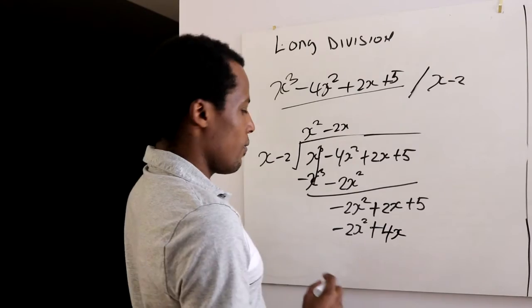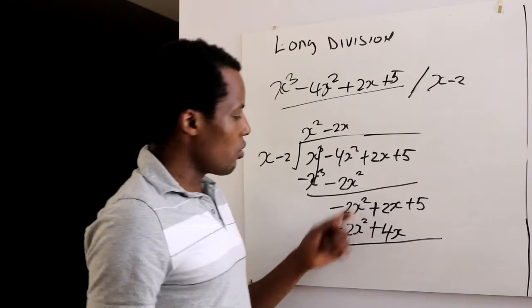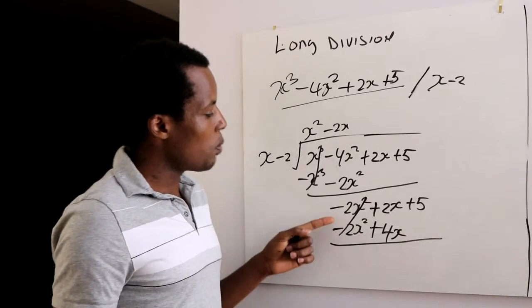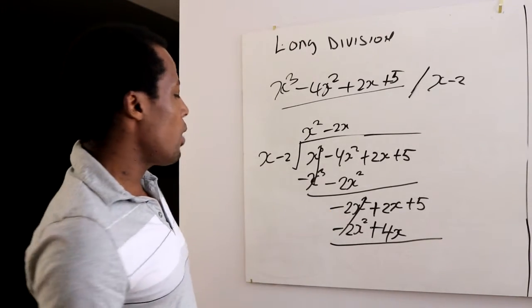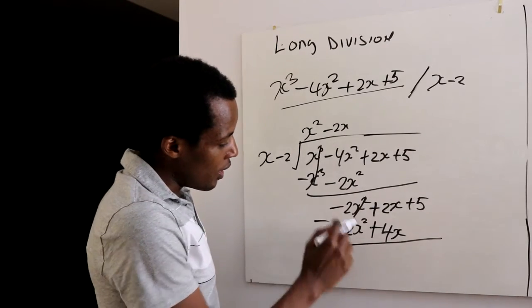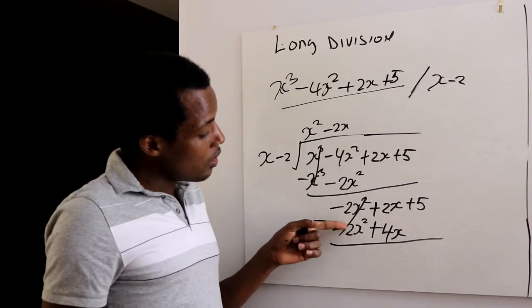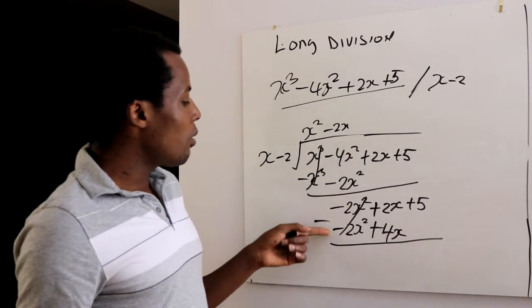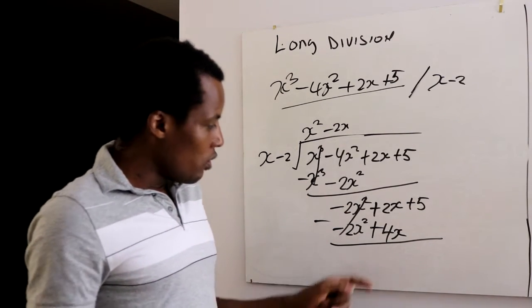Of course, minus 2x squared minus minus 2x squared is 0, because we have another negative here, so 2 negatives make a positive.